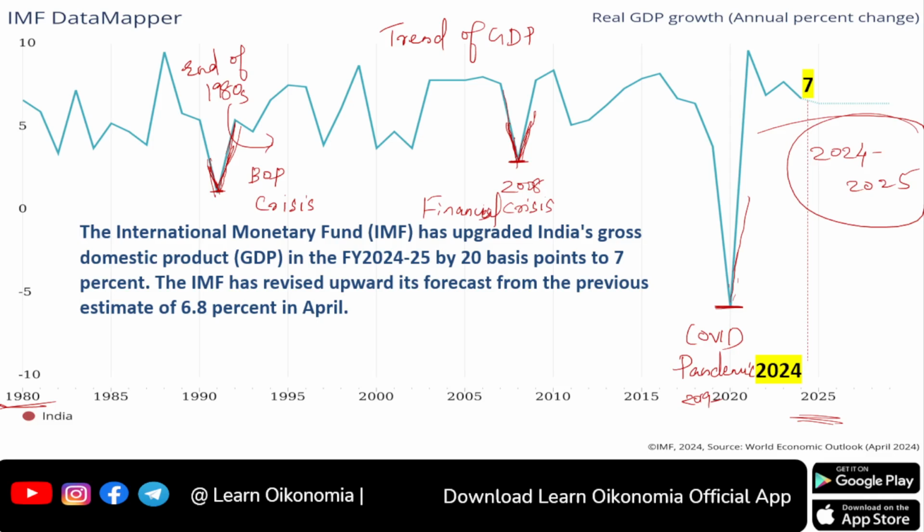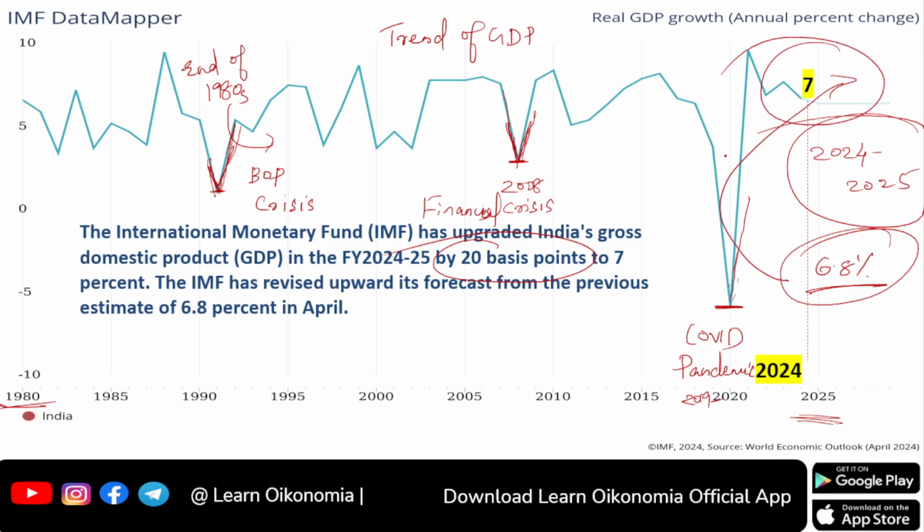Earlier it was set at 6.8 percent. That was the earlier announcement the IMF made regarding India's real GDP growth in terms of annual percentage change. But later, for 2024-25, the GDP for India was upgraded by 20 basis points, and now from 6.8 we have our GDP at 7%.